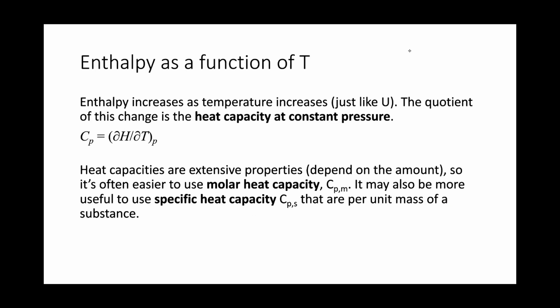So the quotient of this, the change of enthalpy as the temperature changes, is the heat capacity at constant pressure. Remember, heat capacity at constant volume was partial U over partial T at constant volume. This is the same thing, where we have partial H over partial T at constant pressure, the heat capacity at constant pressure.